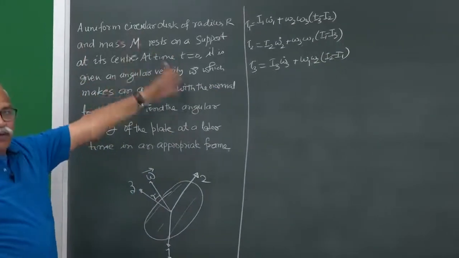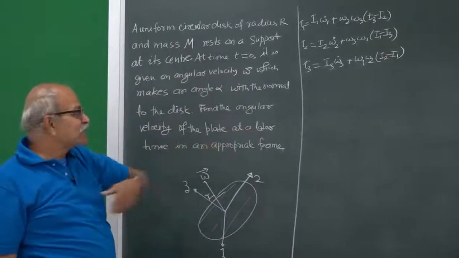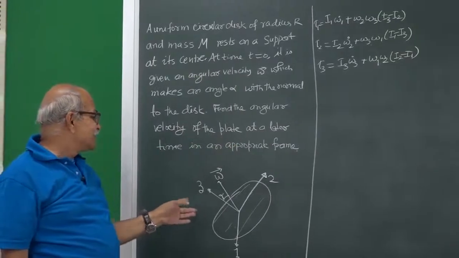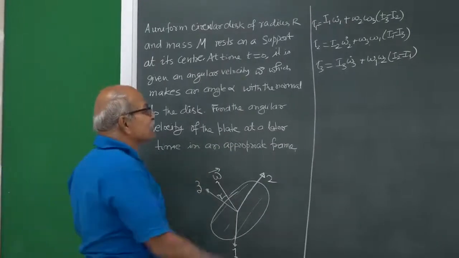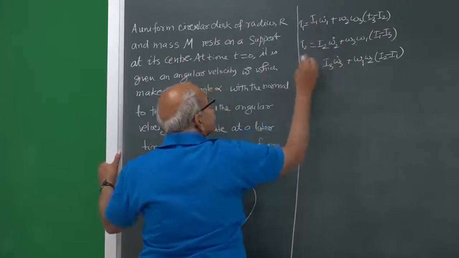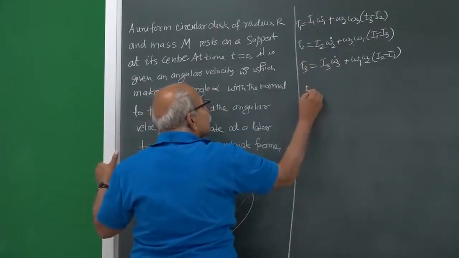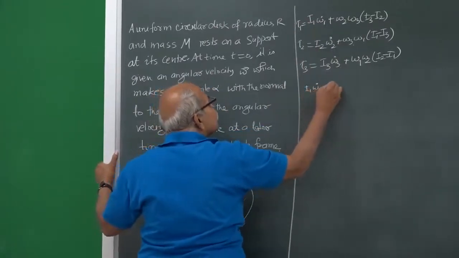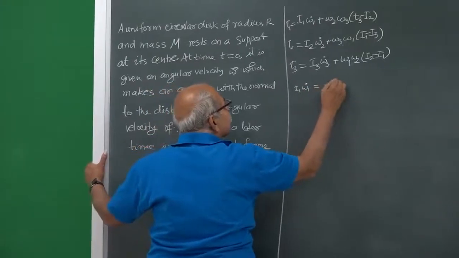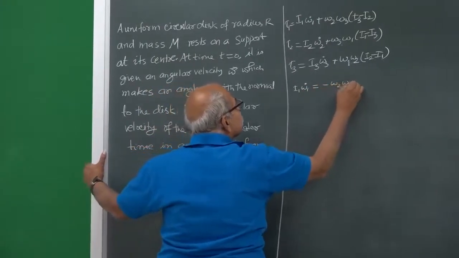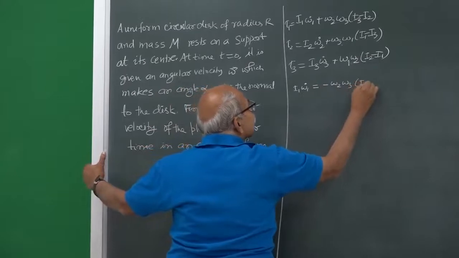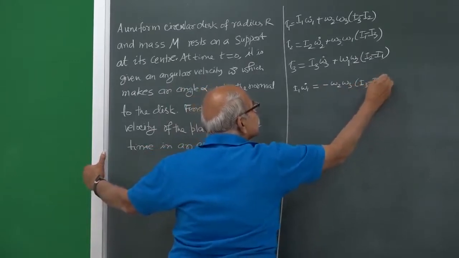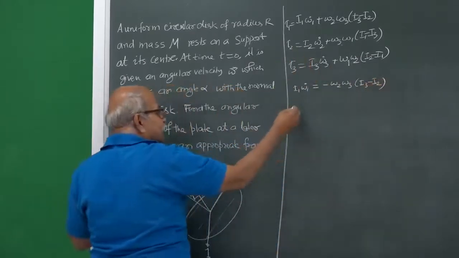In our case tau 1, tau 2, tau 3 all are 0, and then let us see what happens. So, I1 omega 1 dot is equal to minus omega 2 omega 3 times I3 minus I2. We know what is I1, I2, I3.